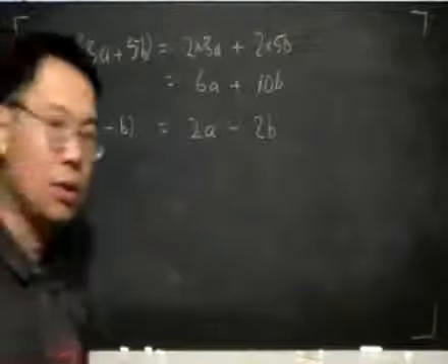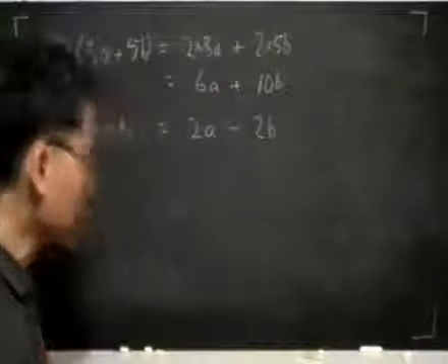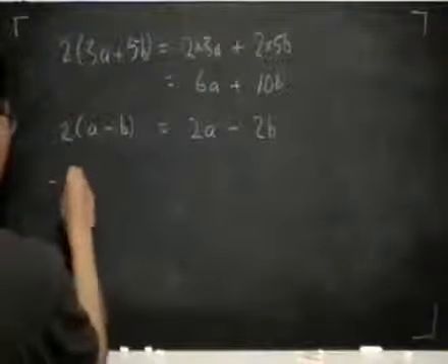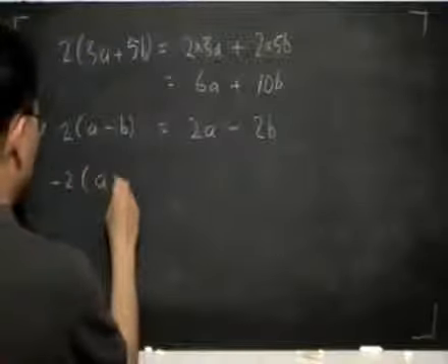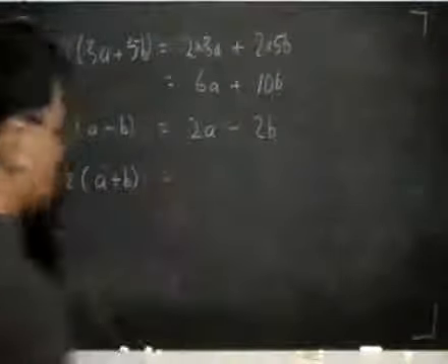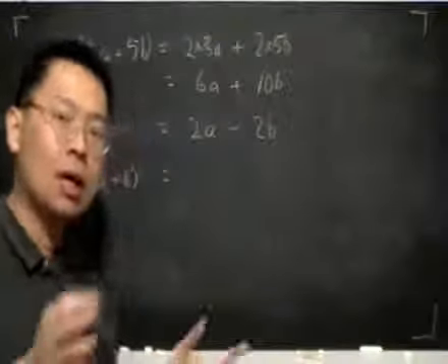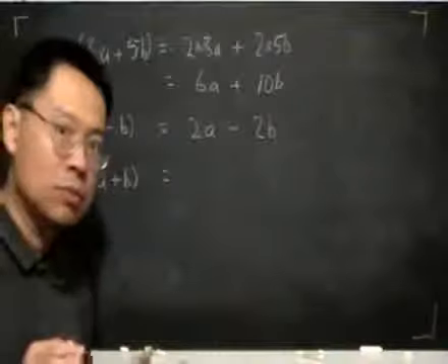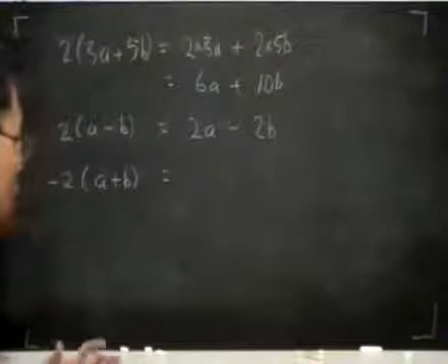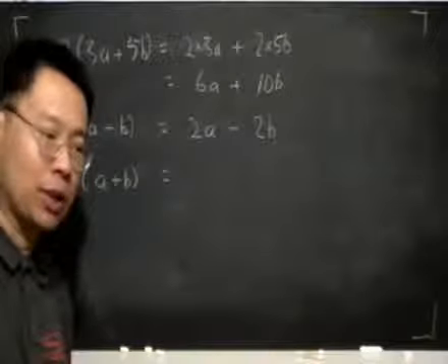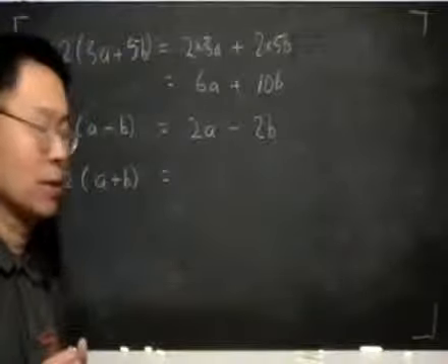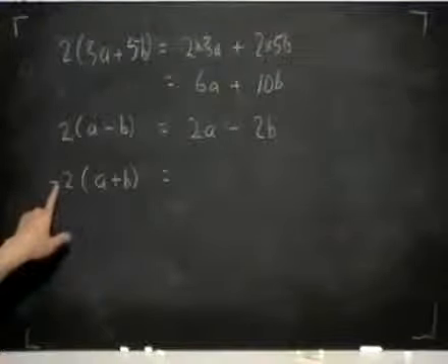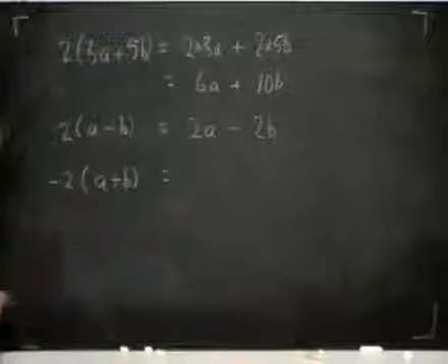Okay. Now let's take it one step further. What if I have minus 2 times bracket a plus b? This time I have a minus sign outside of the bracket. Now please watch carefully. Having a minus sign outside the bracket is always tricky. In this case, you have minus 2 times a.